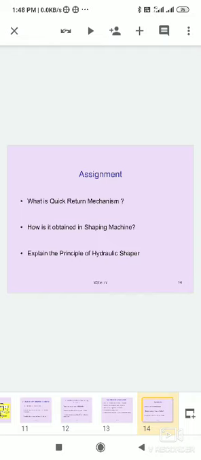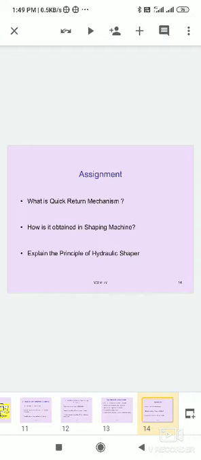It is an important question. And explain the principle of the hydraulic shaper. Explain the principle of the hydraulic shaper, sometimes asked in the board exams. Explain the principle of the hydraulic shaper and the hydraulic quick return mechanism sometimes.